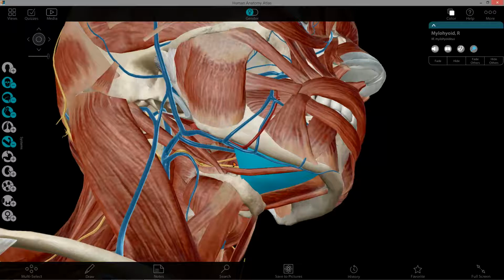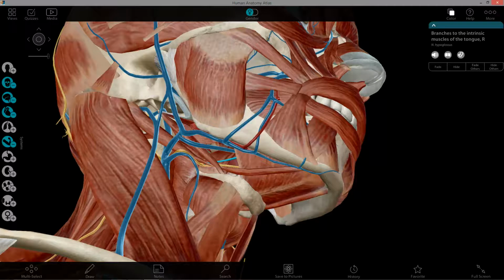And then along its posterior border, it has the two divisions of the hypoglossal nerve. So the hypoglossal nerve is in the carotid triangle, but two of its divisions, the branches to the intrinsic and extrinsic muscles of the tongue, are within the digastric triangle.